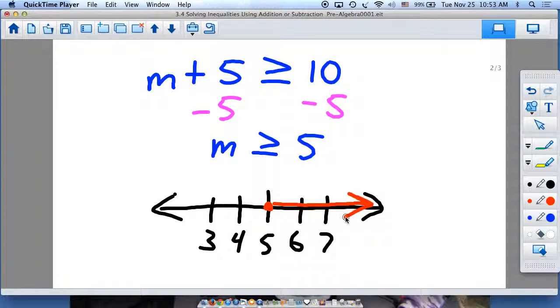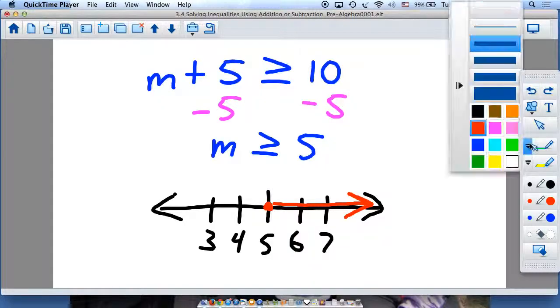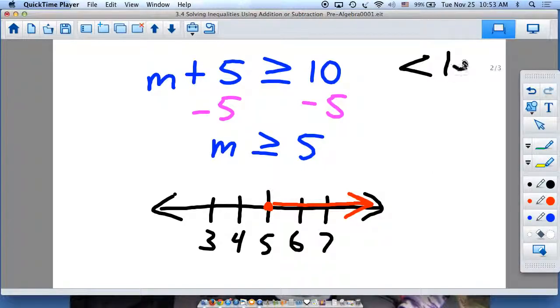Make sure you understand how to read your inequality symbols. All right? Don't forget our inequality symbols are the following. We have the less than symbol. We have the greater than symbol.